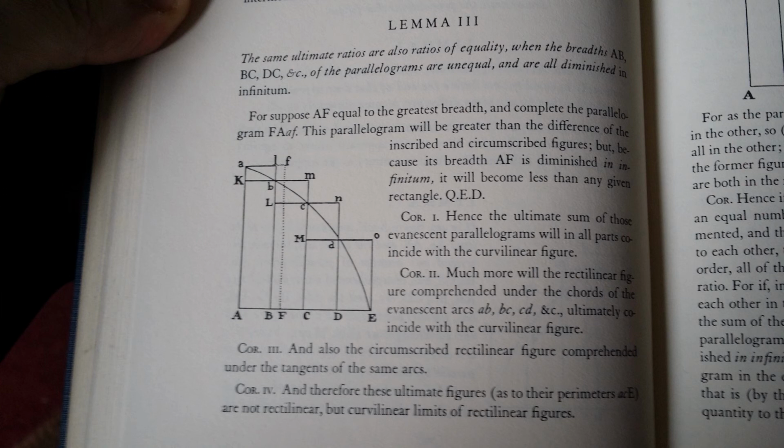Cor. 3. And also the circumscribed rectilinear figure comprehended under the tangents of the same arcs. Cor. 4. And therefore these ultimate figures, as to their perimeters acE, are not rectilinear but curvilinear limits of rectilinear figures.